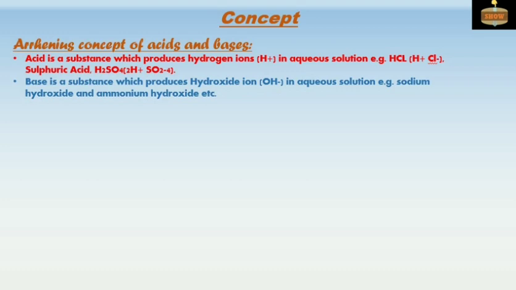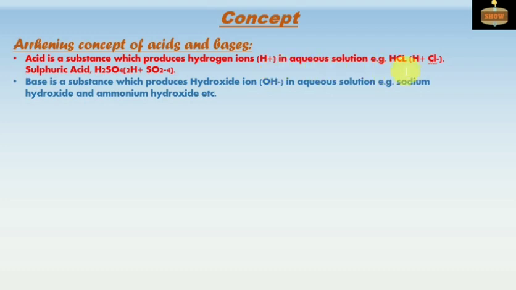So first is the Arrhenius concept of acids and bases. An acid is a substance which produces hydrogen ions, that is H+, in aqueous solution.